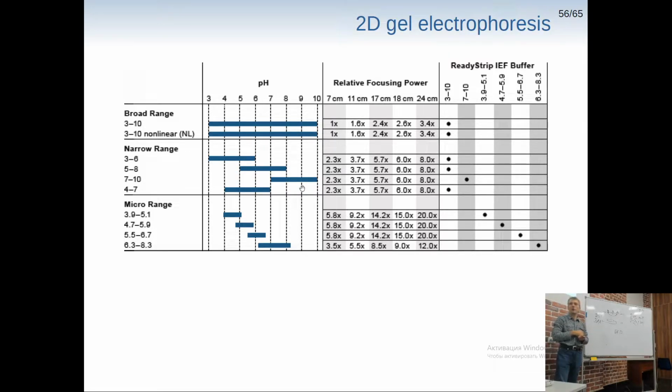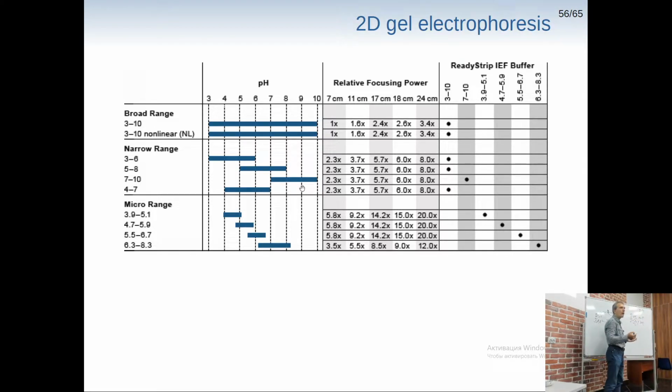So it's not always needed to make big gels to get big resolution, because as you can probably remember from our first lecture, the distribution of isoelectric points in most proteins, I'm talking about mostly animals, vertebrate animals, is something like this. There is 7.4, there is 6 point something, there is 8 point something.